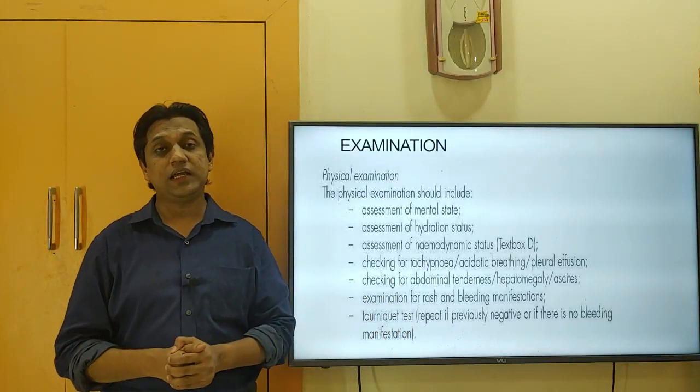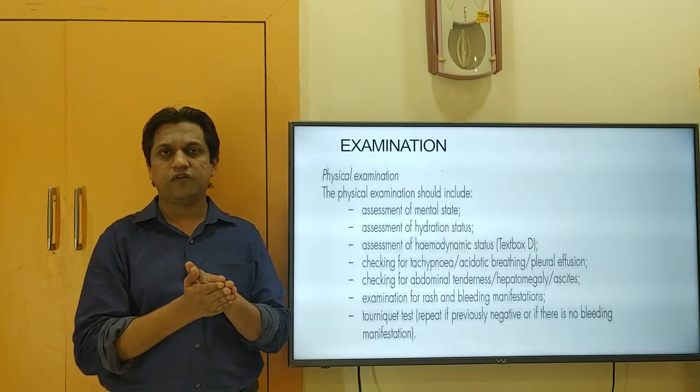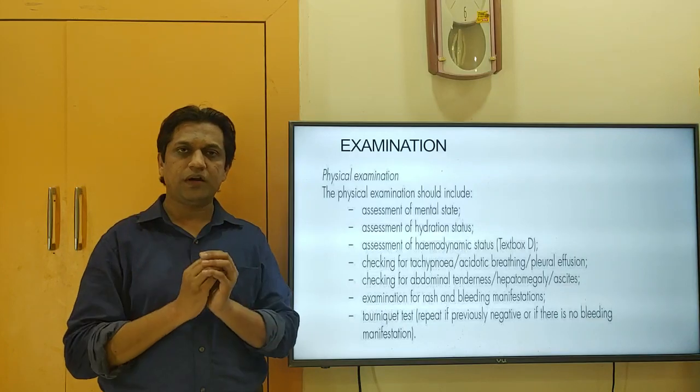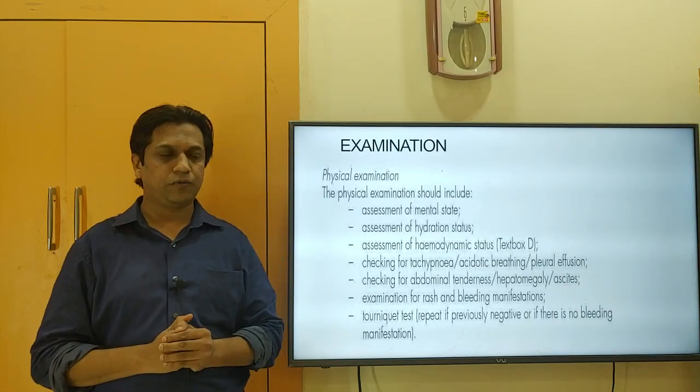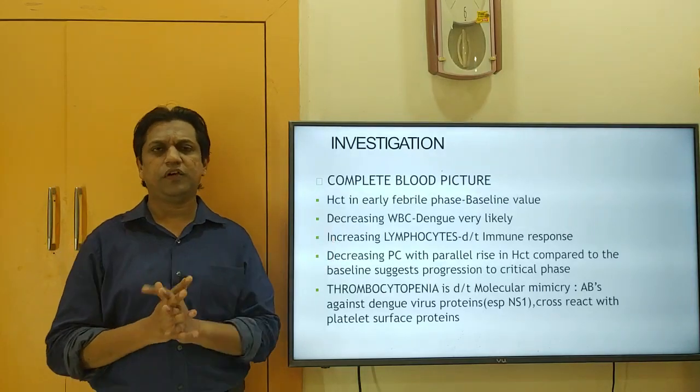It indicates bleeding, basically in dengue hemorrhagic fever and dengue shock syndrome, due to the increased permeability of the blood vessels, with leakage of fluid. So this we have to see in the general or specific physical examination.